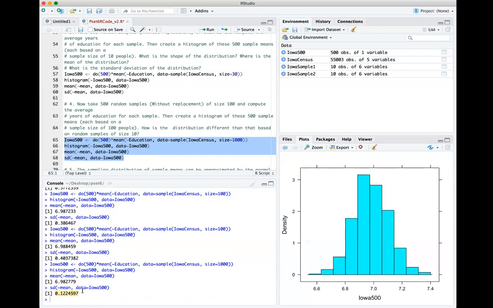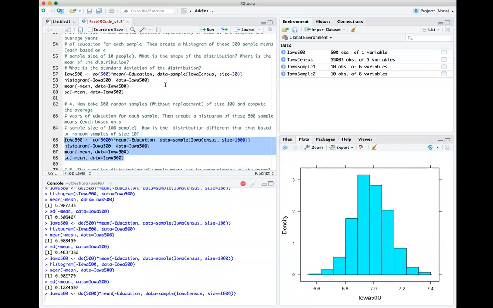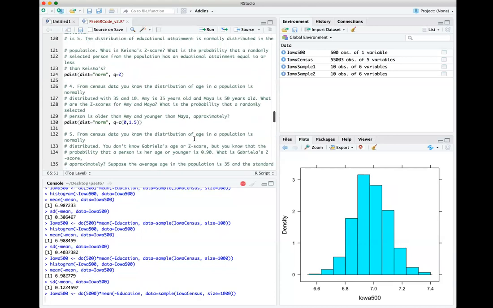And our standard error is, on average, how much we would expect our point estimate to vary if we had X number of samples. Here we have 500, but this is pretty arbitrary. We could do 5,000 samples. It's just going to take longer, about 10-fold longer. We'll see if that works.